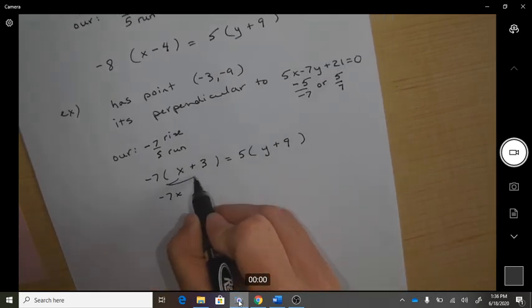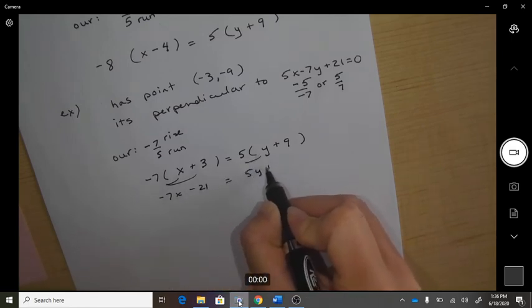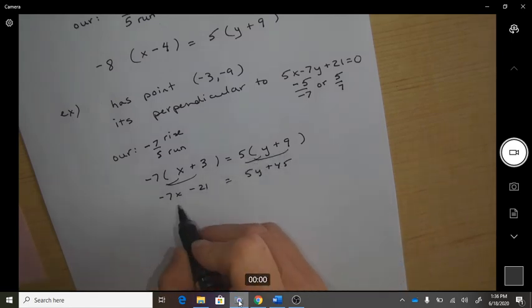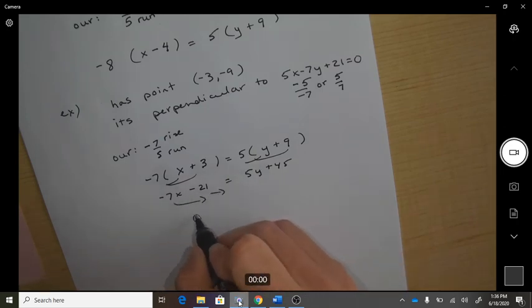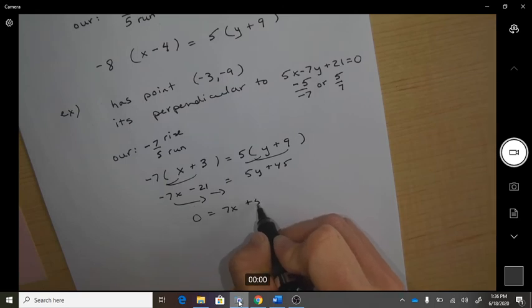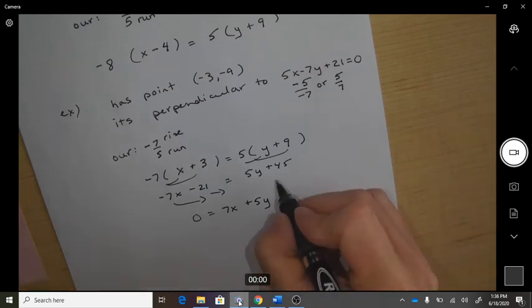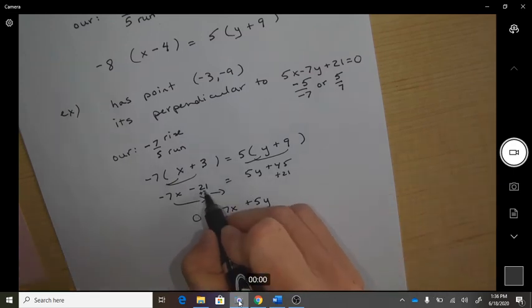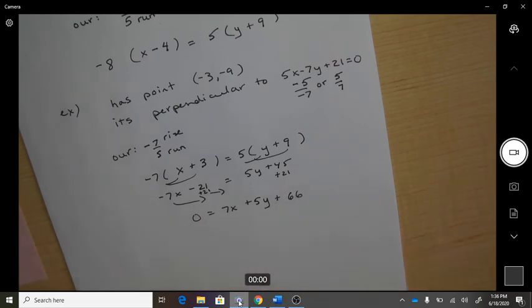We just expand that out. I'm going to move it so that my x is positive. So 7x, 5y, and then we just have to collect 45 and 21. We'd have to add 21. So that would be in general form.